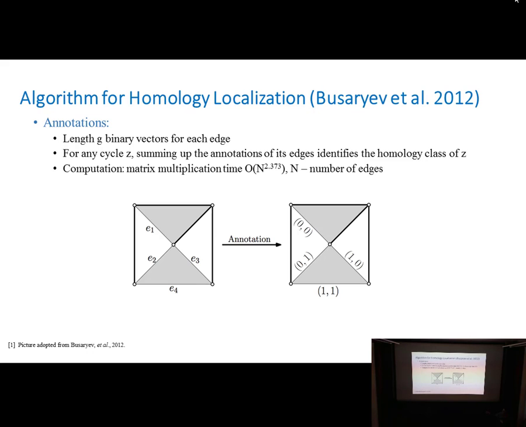If I follow this one, I will get 0, 1. And if I follow this cycle, I would have 1, 1, right? So they all give me the right homology class. This is the annotation that we can compute. And the computation time is the matrix multiplication time, where n is actually the complex size.